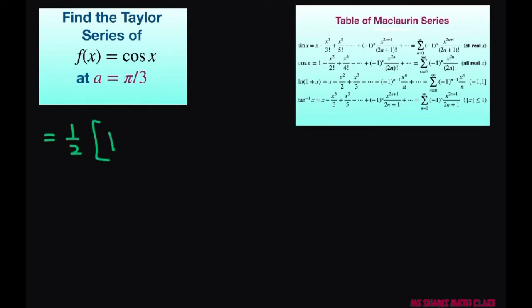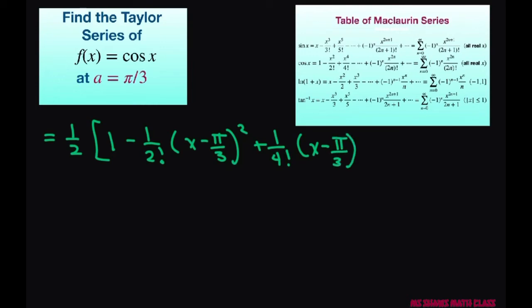So that's 1 minus 1 divided by 2 factorial times (x − π/3) squared plus 1 divided by 4 factorial times (x − π/3) to the fourth power, minus dot dot dot.